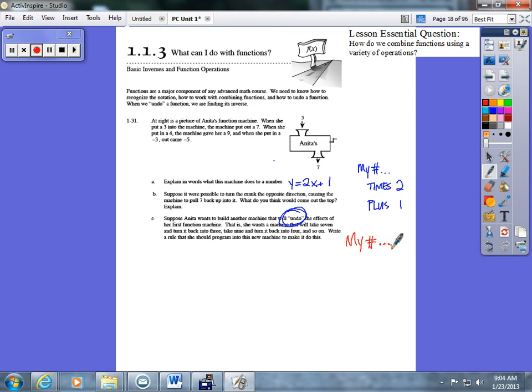So I'm going to reverse the order and reverse the operation of what I'm doing. So it's going to be my number, and I'm going to reverse this, so it's going to be -1. And then opposite of this, divide by 2. So the inverse of this equation will be y equals my number -1 divided by 2.